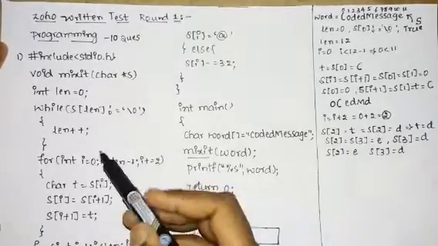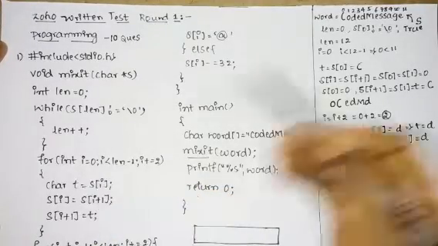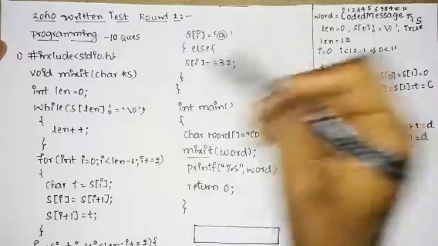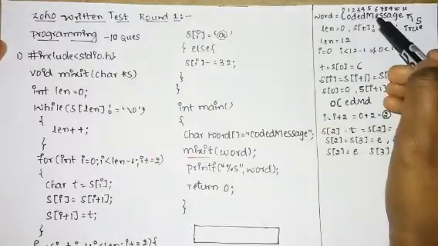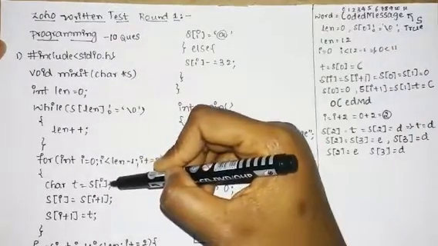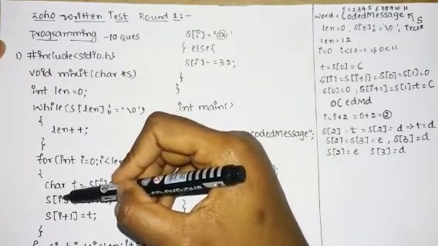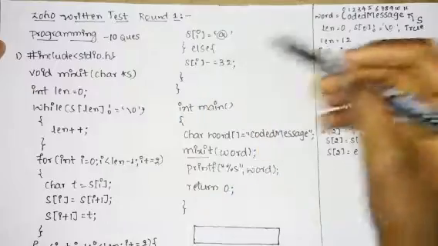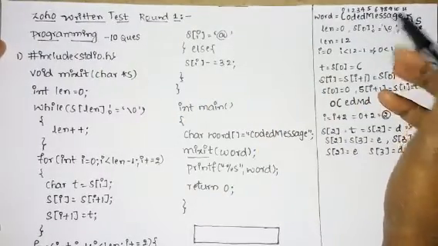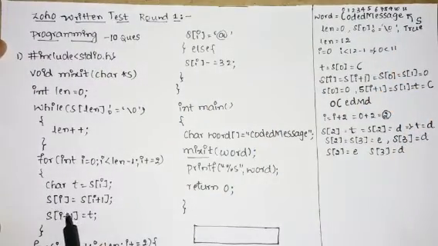Till you do this, again i is incremented. Now at this condition i becomes 6. So t is equal to s of i, that is t is assigned with e. Similarly s of i equal to s of i plus 1, that is s of 6 is assigned with s of 7, where we have the value s. Then again s of i plus 1 is assigned with t.